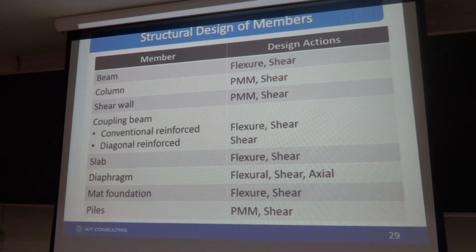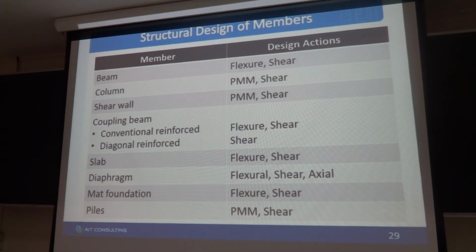For structural design of beams, there are normally two types of beams. One is a beam carrying only gravity loads, and the other carries gravity loads and also resists the lateral load. Gravity load beams we call secondary beams, and we can design them only for gravity load combinations.